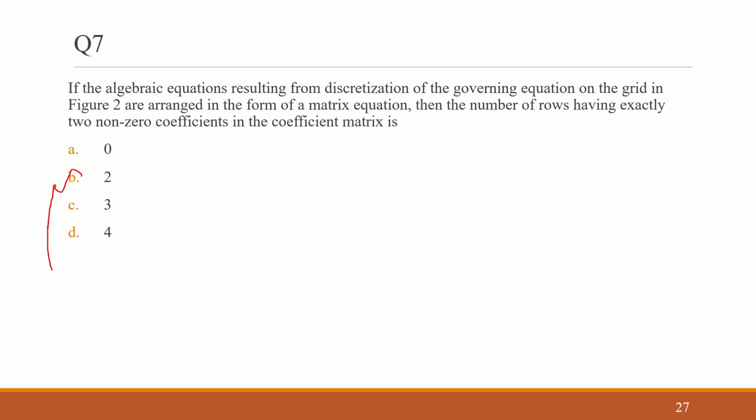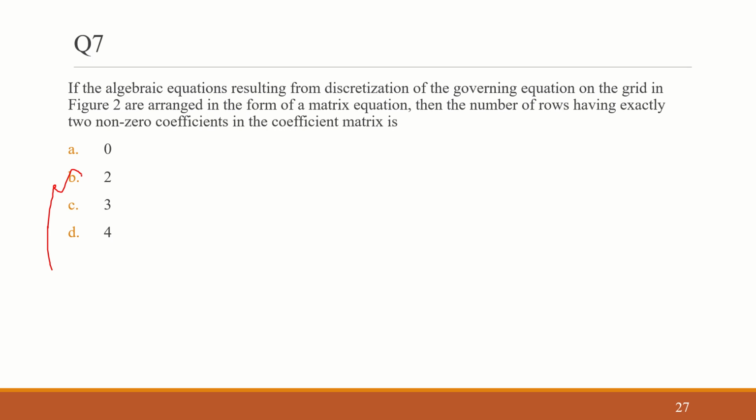Question 2: the number of rows exactly having two non-zero coefficients in the coefficient matrix. For each cell we have one equation, and we have 10 cells, therefore 10 equations and 10 unknowns. In each cell the number of coefficients is considered, and if it is an inside cell we will have 5 for a square box.